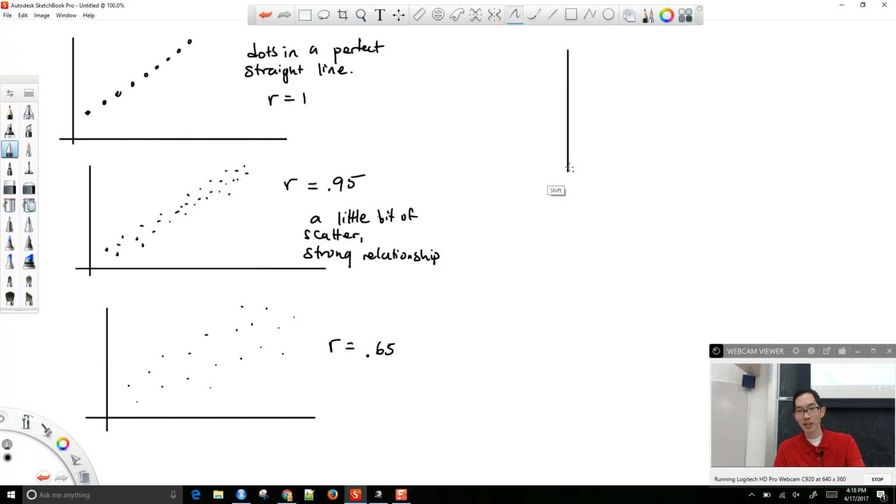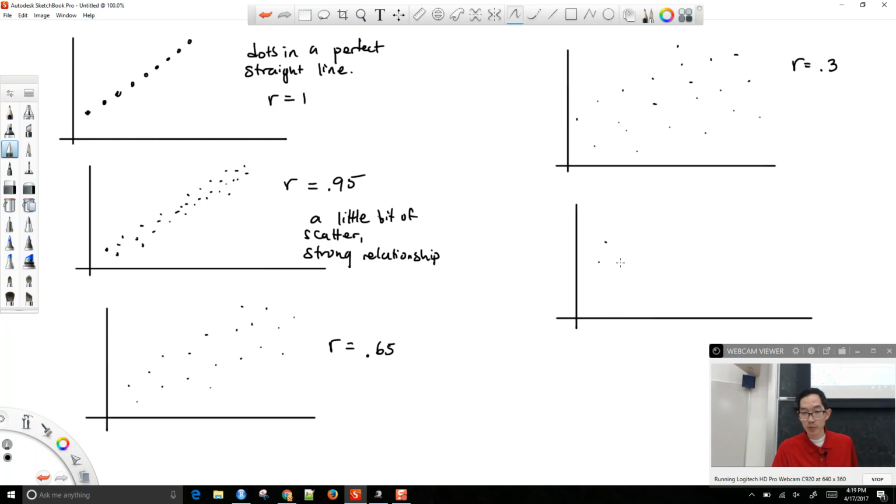And then as the cloud gets more and more spread out, with more and more scatter, we might still have a positive relationship here. This might be r is 0.3. I'm making that up.